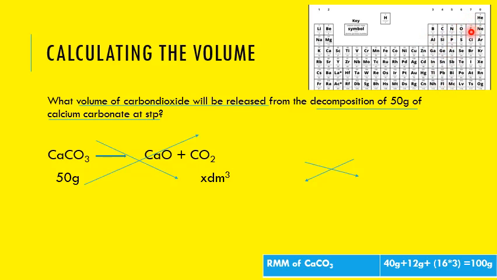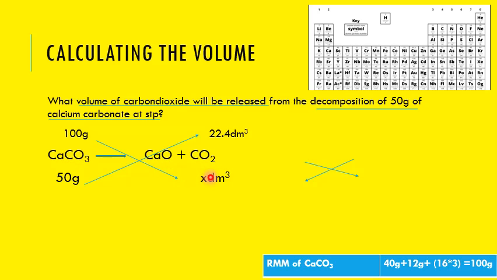So oxygen is over here, and it's 16, but there are 3 atoms of oxygen, so we have to say 16 times 3. All right, then you get the sum of each of these, and that is going to be your RMM. Your mass for calcium carbonate is going to be 100 grams.